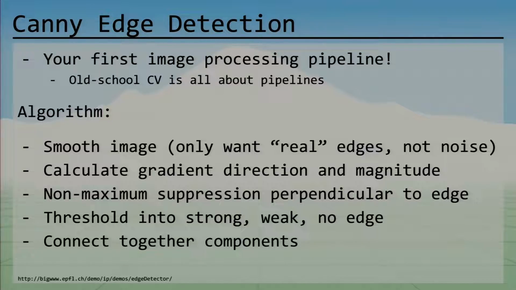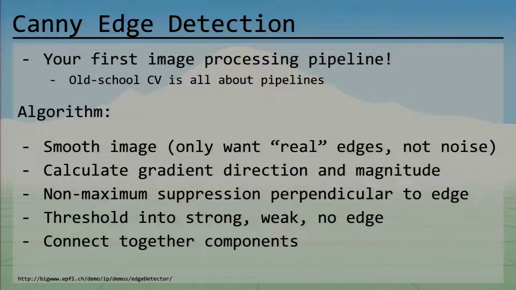To do that, we're going to do some non-maximal suppression, where basically we look at the response of our gradients and figure out where the strongest response is, and then get rid of the other responses that aren't as strong. Then we're going to do some connected component analysis and some thresholding to make sure that we only end up with a few edges.